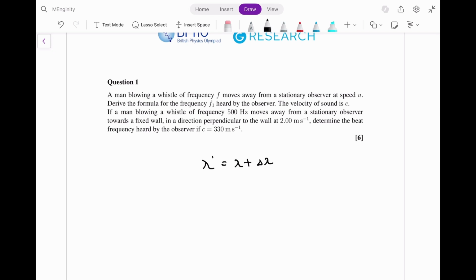So it is equal to c over the frequency f1. And this is equal to the initial one, so initial wavelength c over f plus the difference, which is equal to the speed of the wave source u over the initial frequency f.